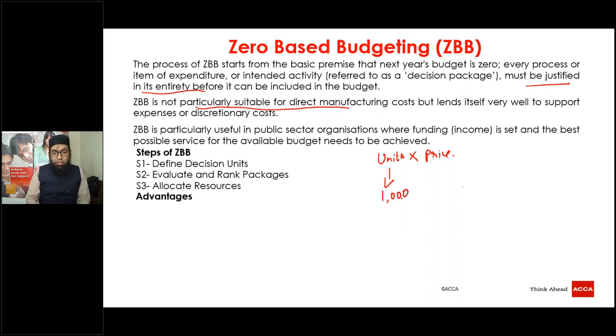How did you reach that? If you have just picked the preceding year value, added something to that and said now I will sell 1000 units, then the unit figure I have identified is using the incremental approach. But if this time around I have reassessed my market conditions and then set the budget, then this 1000 units will be from the approach of zero-based budgeting.